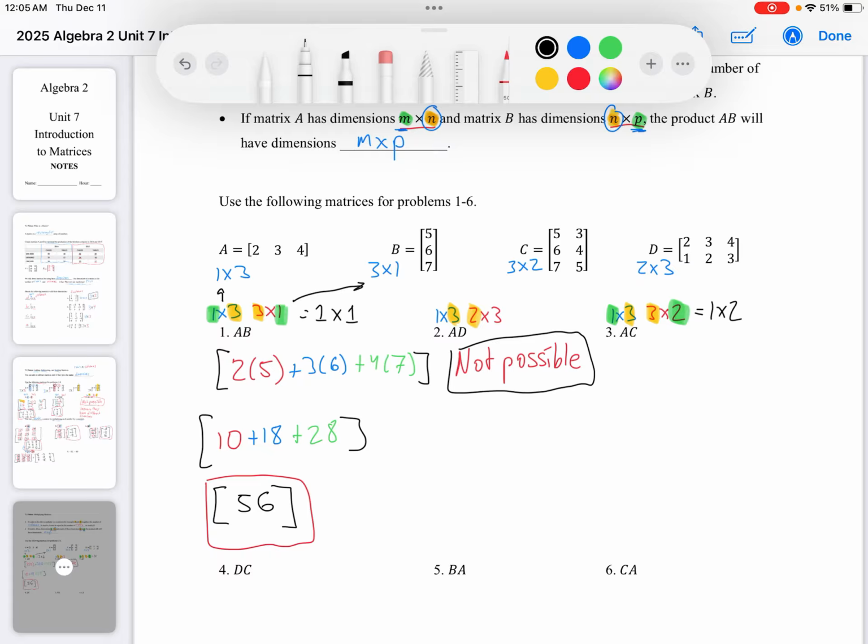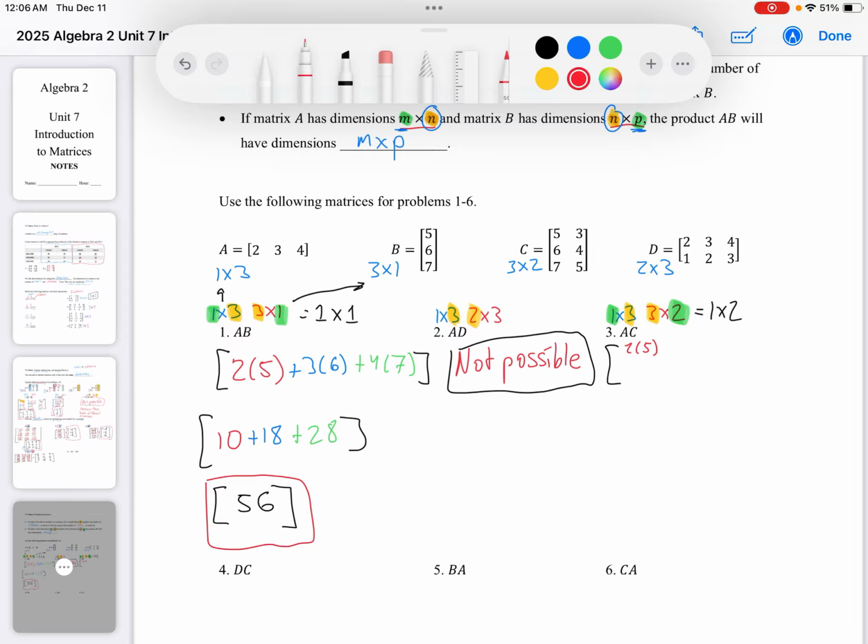Okay, so let's see how we get that. We are going to be, again, taking the numbers in the row for matrix A. So the 2 is what I would start with for matrix A. And then I would multiply it times the first number in the first column from matrix C. So I would start by doing 2 times 5.